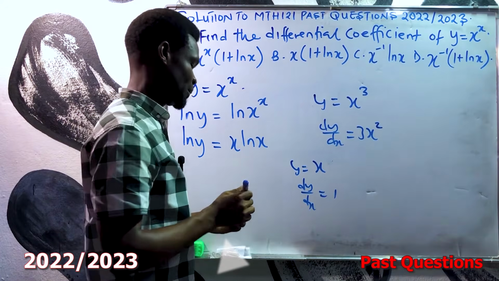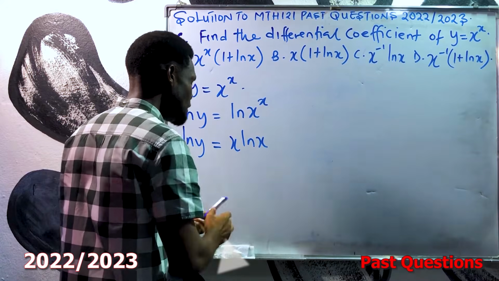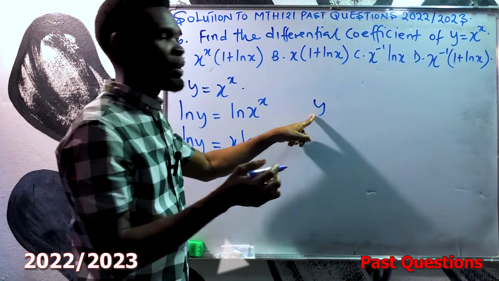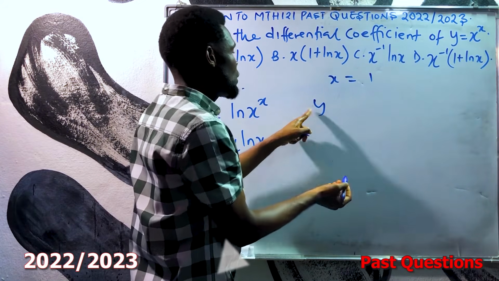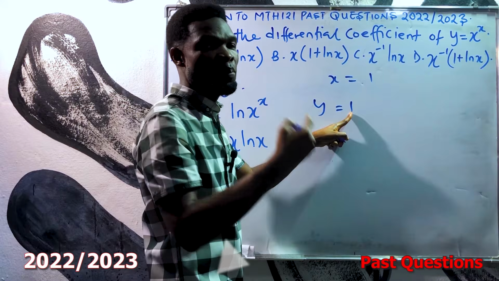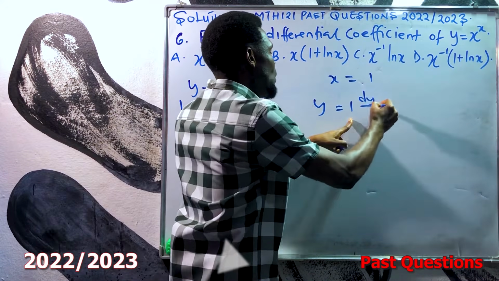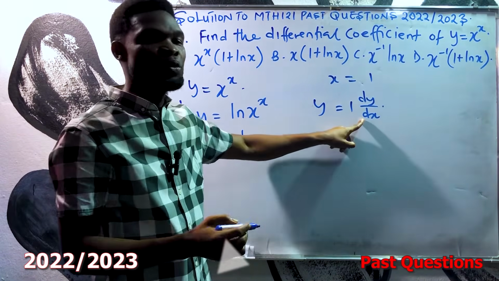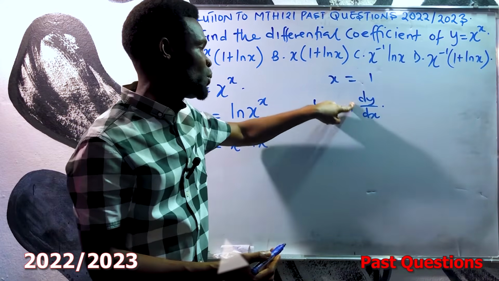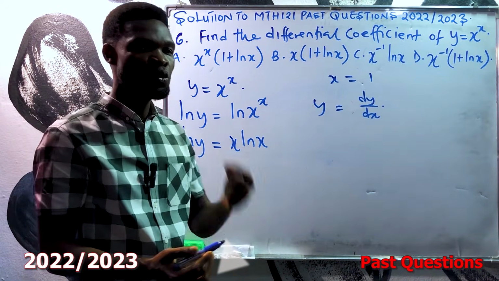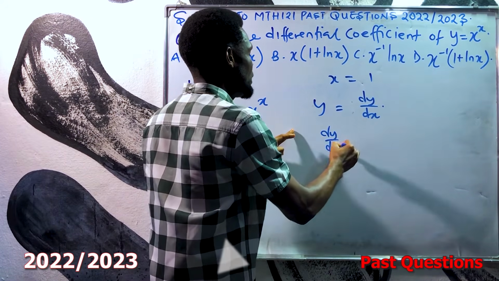Now, you need to know that anytime you differentiate y, just like if you differentiate x you get 1, so also if you differentiate y you will get 1. But since you are differentiating y, you must include dy over dx. So dy dx times 1 is simply dy dx, meaning that anytime you differentiate y, the answer is simply dy dx.